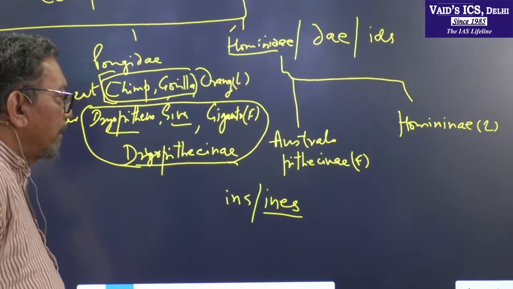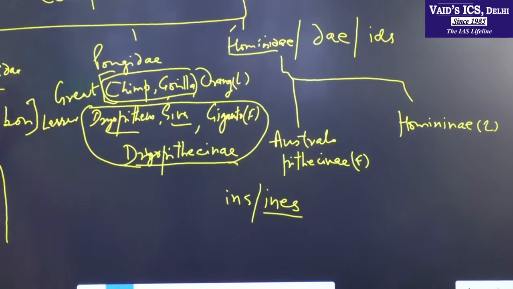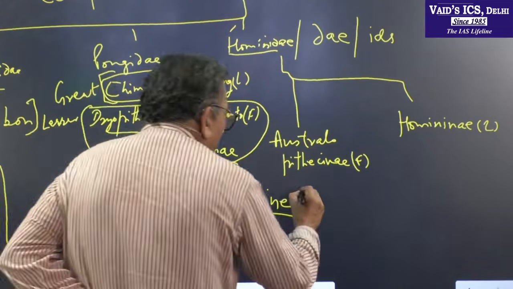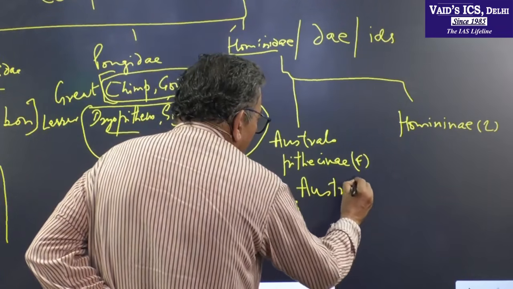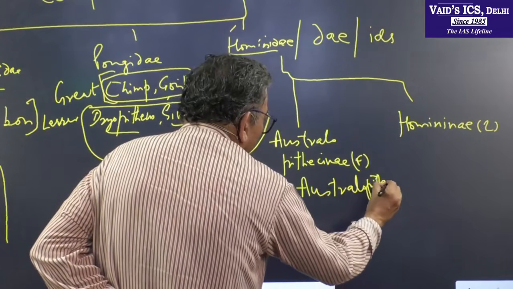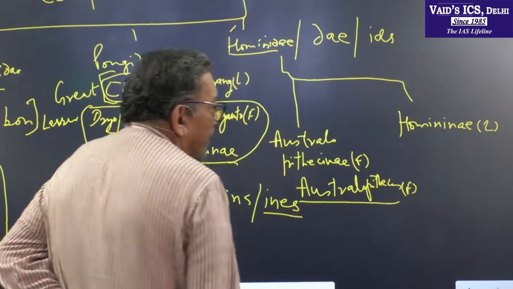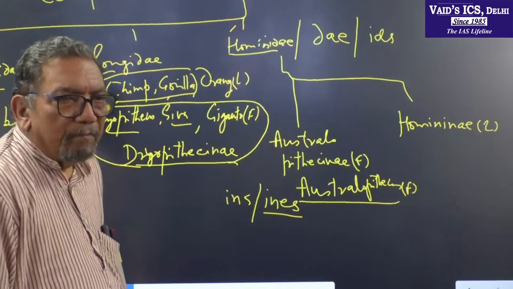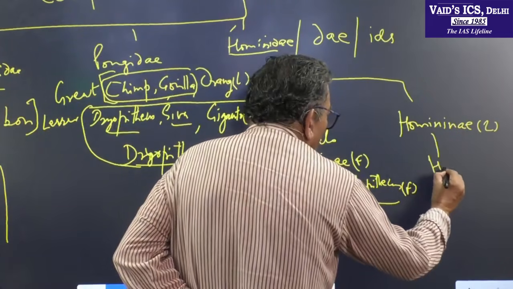Fine. So Australopithecine, Hominini, and then you will have genus. In Australopithecine, only one genus is there, Australopithecus. Fossil. And here you also have one genus, Homo.